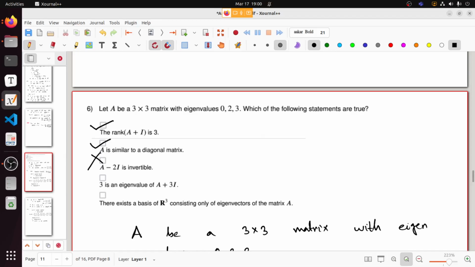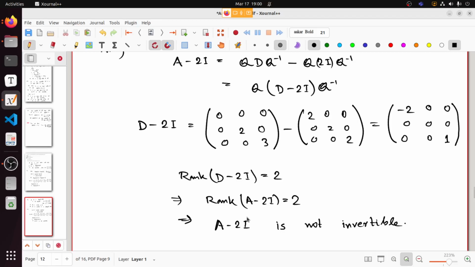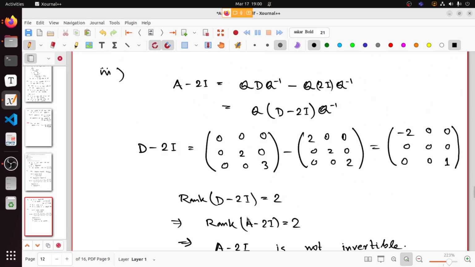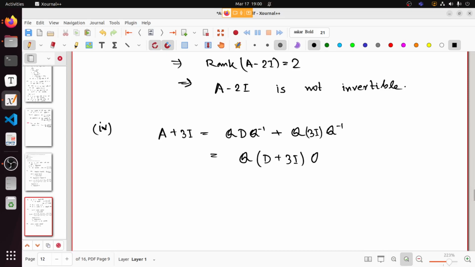So let's check option number 4. 3 is an eigenvalue of A plus 3I, right? Similarly you can check this. So what is A plus 3I? This you can again write as Q D Q inverse plus Q 3I Q inverse, or Q (D plus 3I) Q inverse, right?